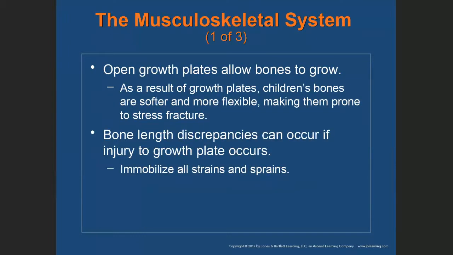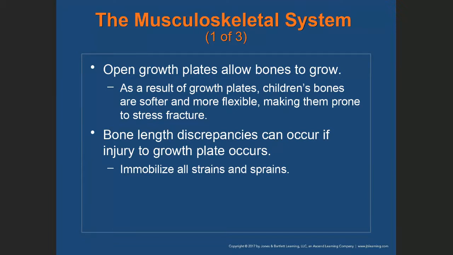The musculoskeletal system. Open growth plates allow bones to grow. So the bones grow from what we call the epiphyseal plate. And bone growth takes place in the stages of development until they get to the adolescent phase where they fuse completely.